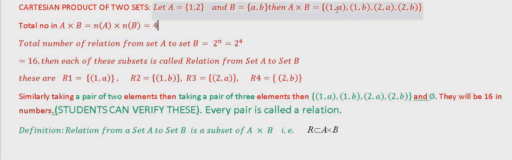So there are definitely 1 2 3 4 elements in A cross B.